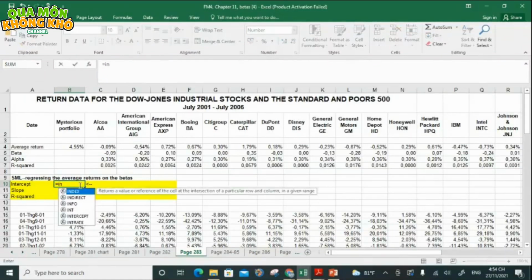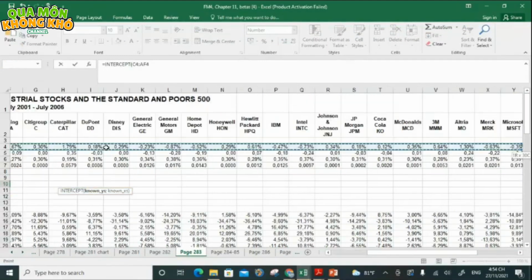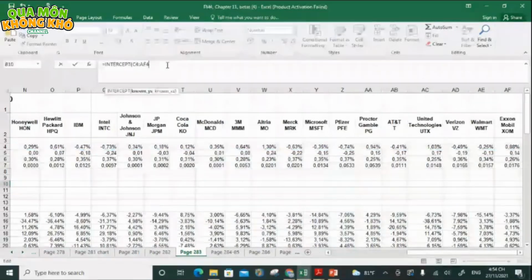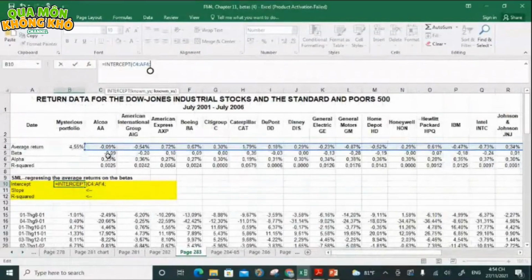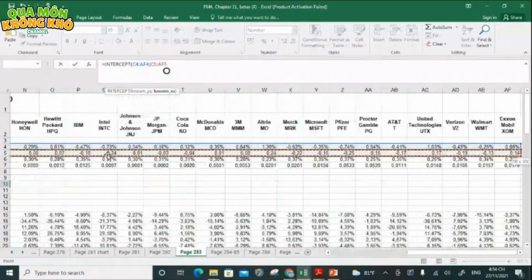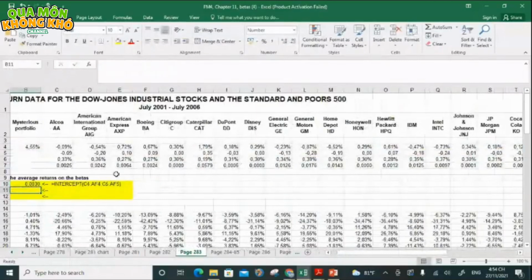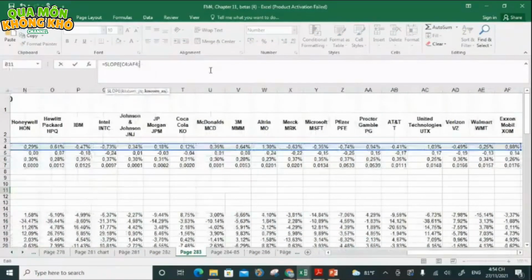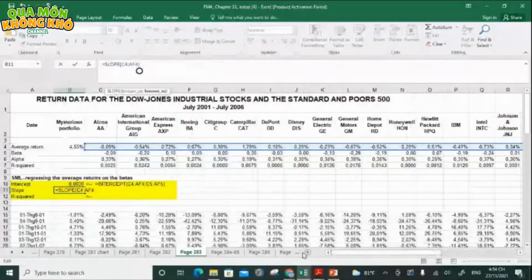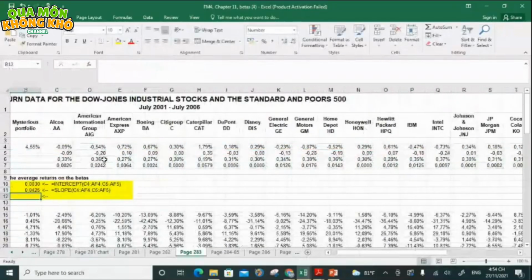I will use the function intercept, and similarly the slope, and the R square.